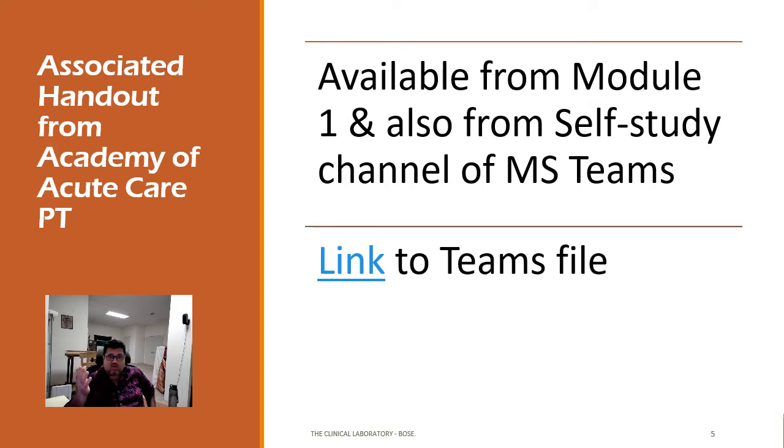That document has been provided to you in the Teams self-study channel as well as in module 1. If you go there, you can download a copy of this PDF. This PDF is also available for free from the Academy of Physical Therapy, acutept.org, and it has been made available to non-members as well.